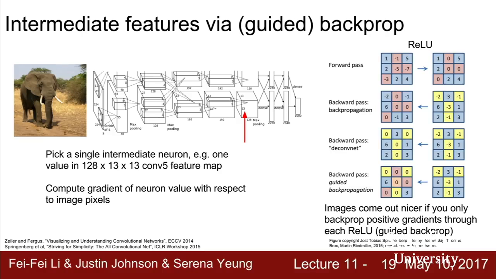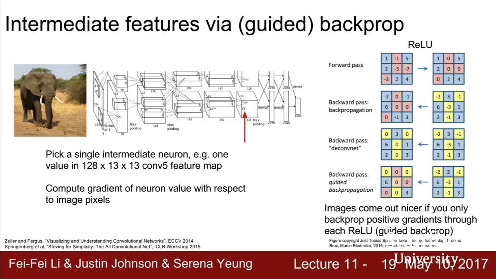But it turns out that there's a slight tweak that we can make to this backpropagation procedure that ends up giving slightly cleaner images. That's the idea of guided backpropagation, which comes from Zeiler and Fergus's 2014 paper. I don't really want to get into the details too much here, but it's a weird tweak where you change the way that you backpropagate through ReLU nonlinearities. You only backpropagate positive gradients through ReLUs, and you do not backpropagate negative gradients through the ReLUs.